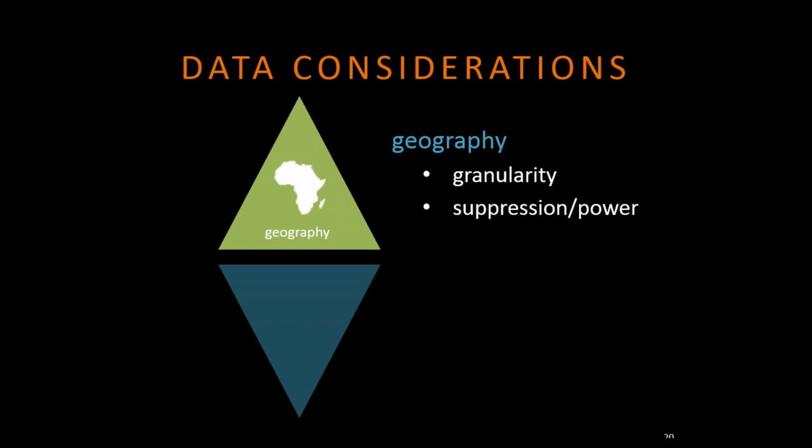If the data source is only available at a state level and you're a community health center wanting to track the impact of a CHW program on site, getting the change in diabetes rate of the whole state is not helpful to you. So that's one thing to consider. And this is very important because I think a lot of folks working in communities really need or want local data.